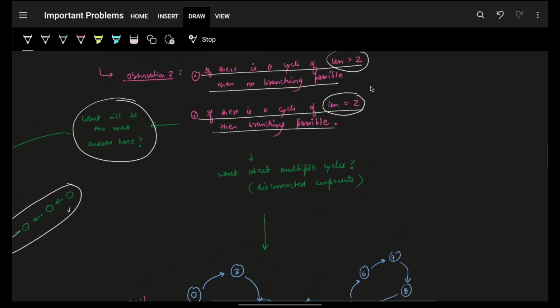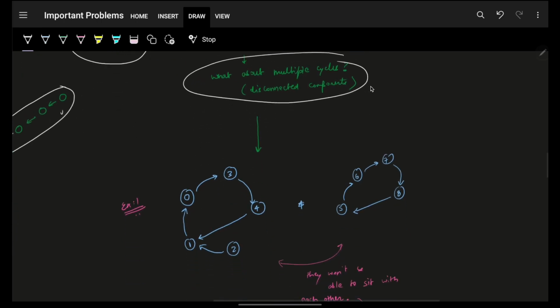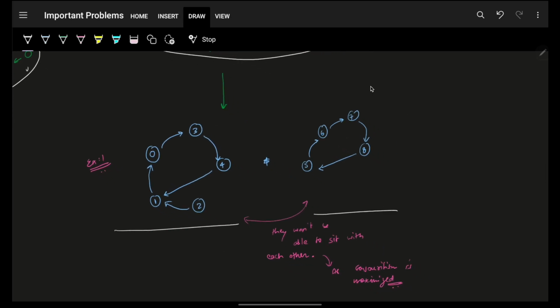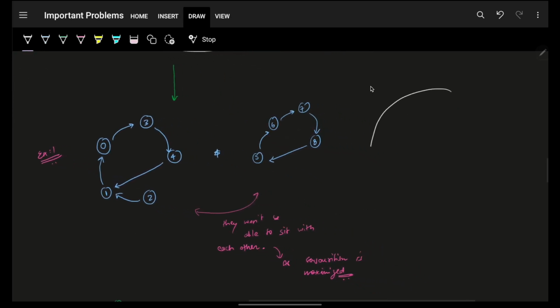Now there is one more thing not covered in the example itself: what if I have multiple cycles, let's say one cycle here, one cycle here. This is the graph I have represented, but as a question you have to place the people on a circular table. Can you place them?